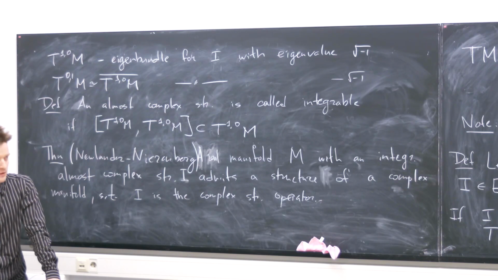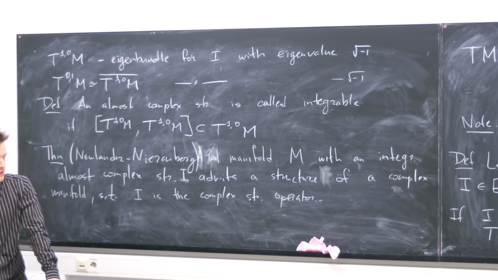So this can be done more or less easily, and I'll probably try to do it next time quickly, and then we will go on and discuss possibly something related to the Hermitian bundles and Chern connections. So do you have any questions?